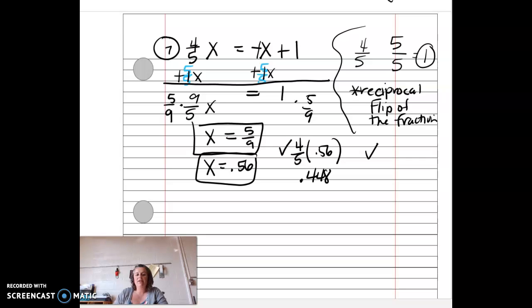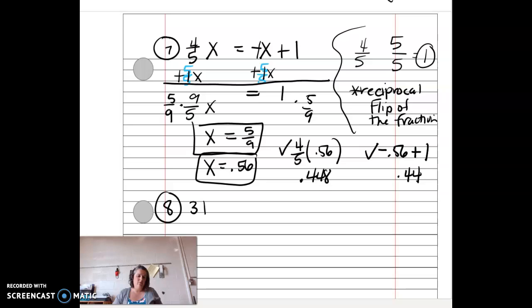And if I check the right hand side, I get a negative 0.56 plus 1, which in your calculator, you do end up getting 0.44. They're not exactly the same, but they are pretty darn close because of the rounding that we had to do with the fractions. Okay. All right, let's look at example 8.